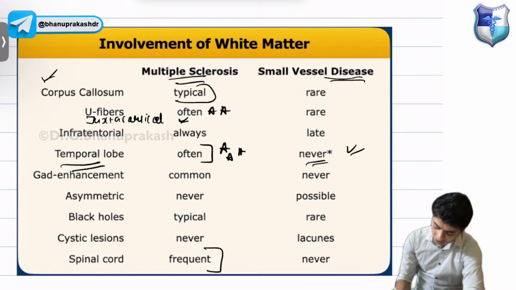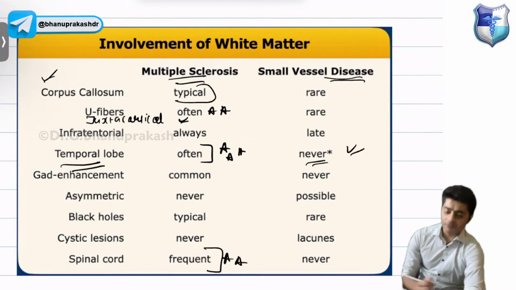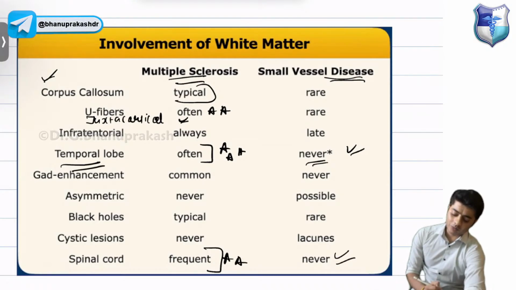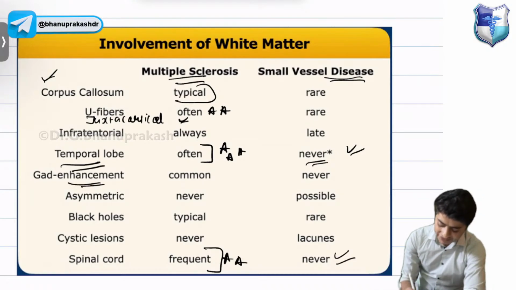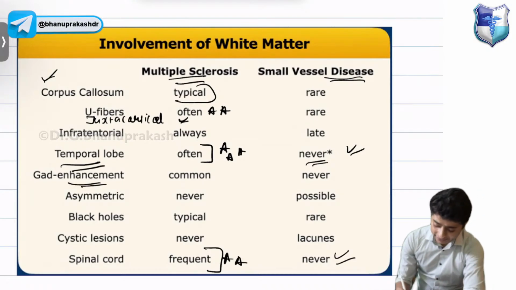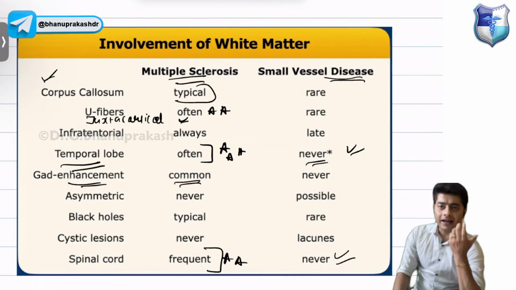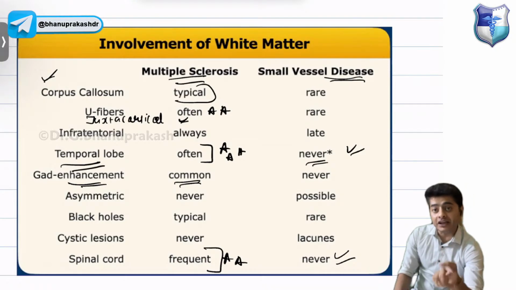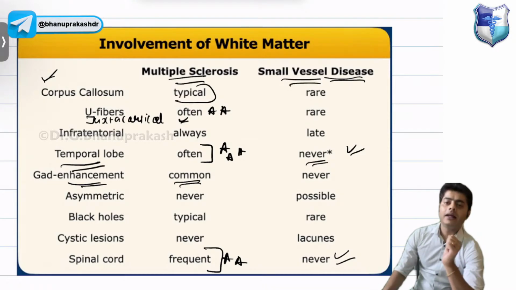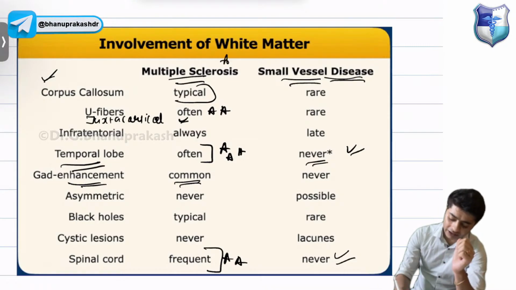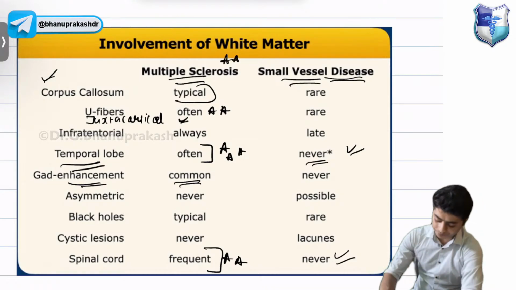The spinal cord can be involved in multiple sclerosis, but never in small vessel disease. Enhancement can be present if there is an acute multiple sclerosis episode, an acute inflammatory episode. But enhancement is absent in small vessel disease.